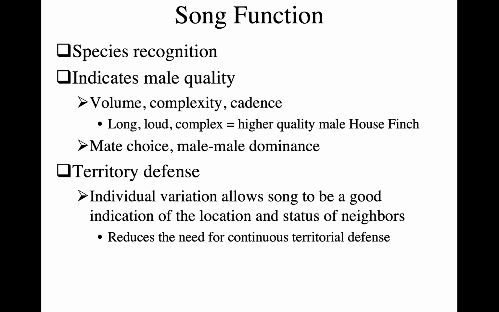So if Richard and Bob and John have different vocalizations, as long as they're calling from their territory, it's like, okay, we've already figured out where the territory boundaries are. We just check in occasionally to make sure that each other's there, but we don't have to continue physically fighting now. And so having that individual variation is important to increase effective communication.